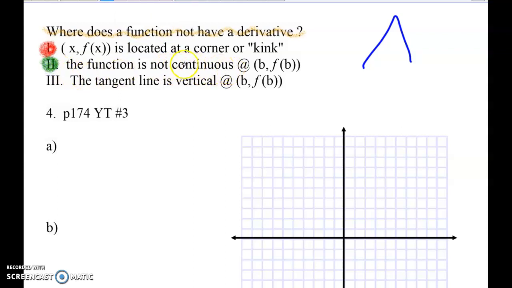So if it's got a point of discontinuity, there is not a derivative at that point. And lastly, the tangent line is vertical. Straight up and down. We found out that vertical slopes are undefined. So when the tangent is vertical, we'll also see no derivative at that point.